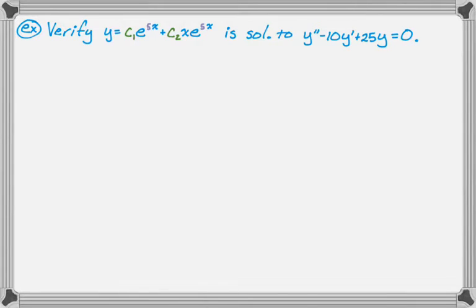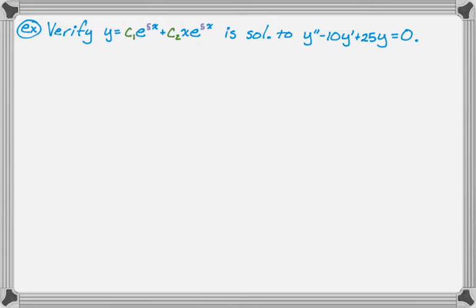One thing we could do is solve the differential equation: find the characteristic equation, find the roots, and plug into the general form. But I'm going to go the other way. I'm going to find y prime and y double prime, plug into the differential equation, simplify everything, and show that you get 0.